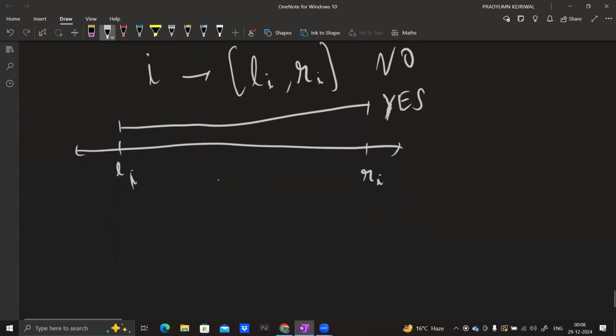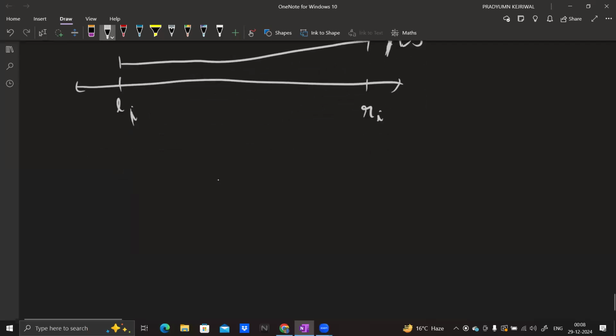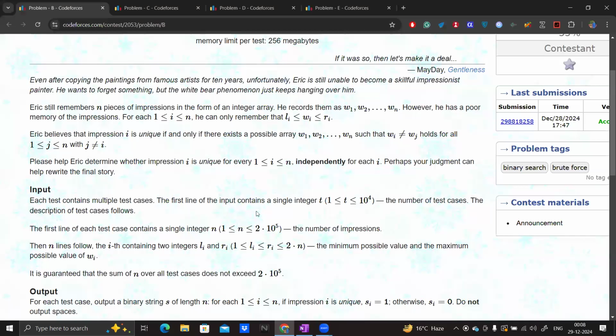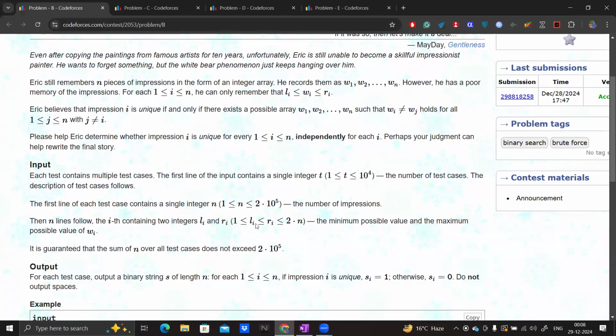And how do we do that? The elements are from 1 to 2n, right? So we can make an array of 2n length.